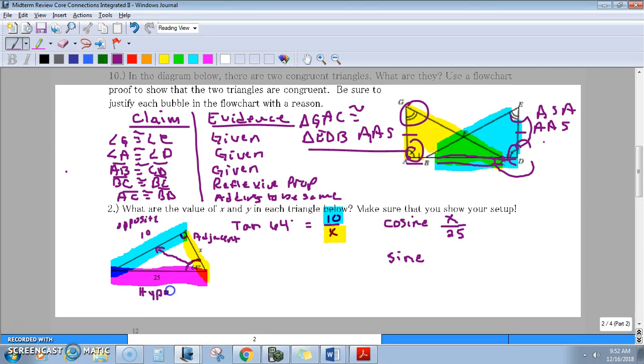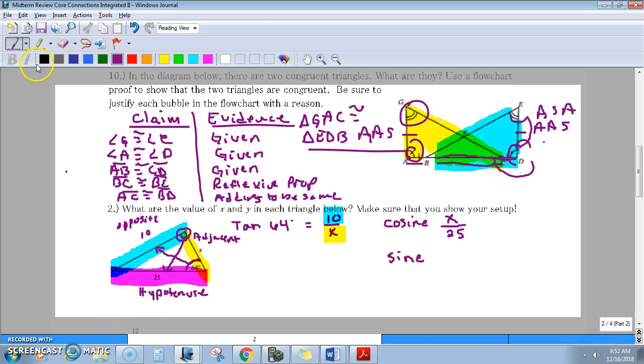You should know this because it is opposite the 90-degree angle. If we are looking at angle 64, the side across from it that touches the 90-degree angle is the opposite. The side next to it that also touches the 90-degree angle is the adjacent. And the side across from the 90-degree angle is always the hypotenuse.